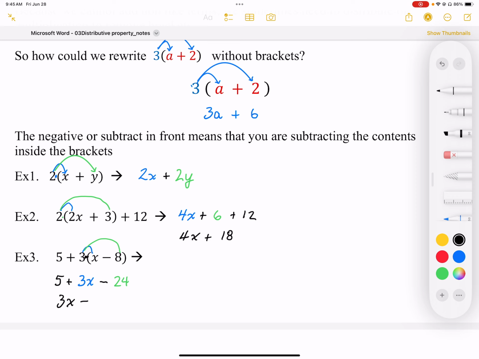And then I have 5 ones and take away 24. That means I have more takeaways. So I'm going to end up with a minus 19. So 5 minus 24 is minus 19 or negative 19. So this represents my counting when I've grouped together all my like terms properly.